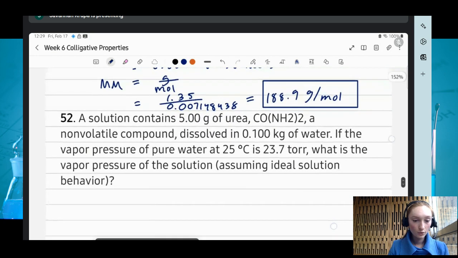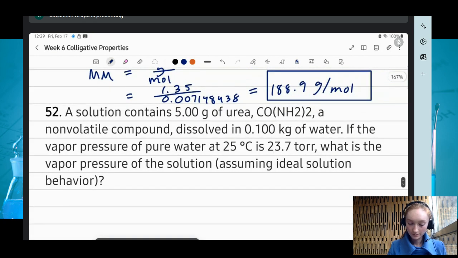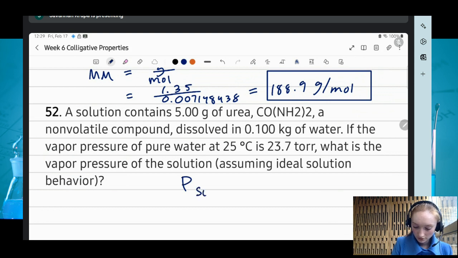The equation for finding the vapor pressure, I believe that is what it is asking for. To find the vapor pressure, we need to use the equation P of solution, the pressure of the solution, is equal to the mole fraction of the solvent multiplied by the pressure of the solvent.